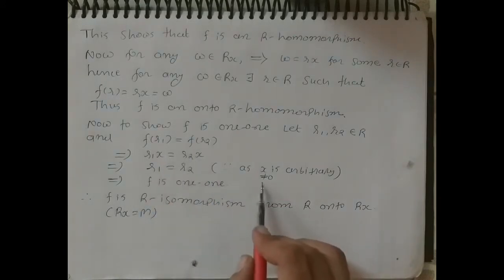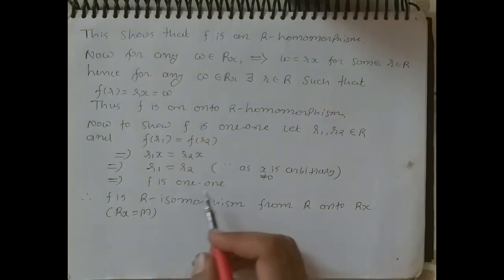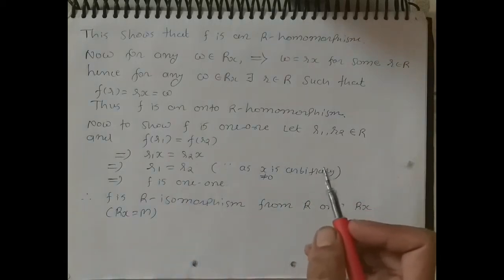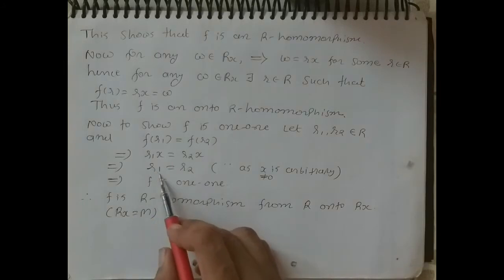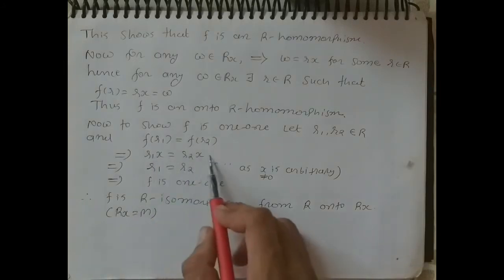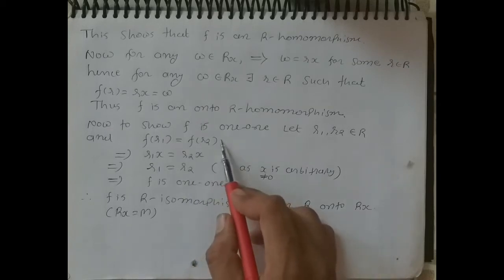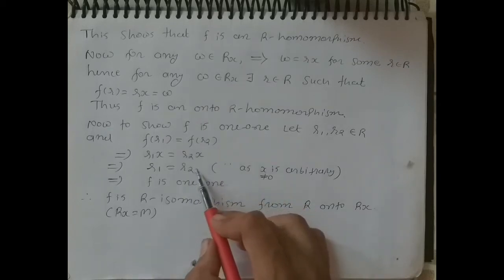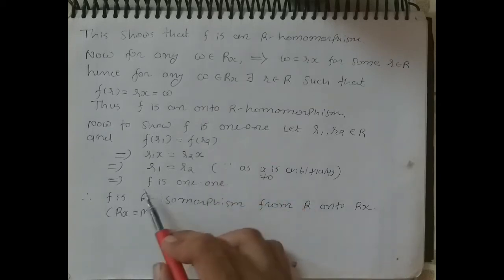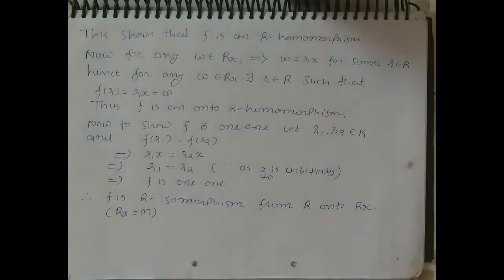Now x is a non-zero arbitrary element from the module M. So x cancels out, and we get r1 is equal to r2. That means when images are the same, the elements are also the same. So f is one-one. So f is an R-isomorphism from R onto Rx.